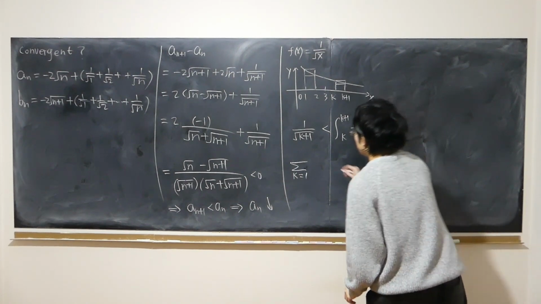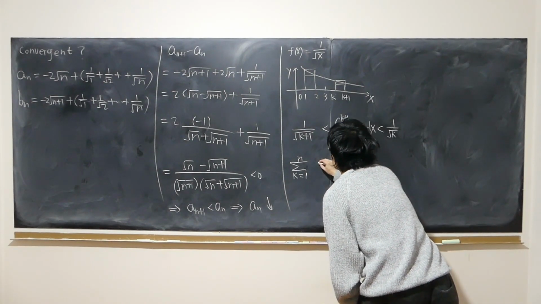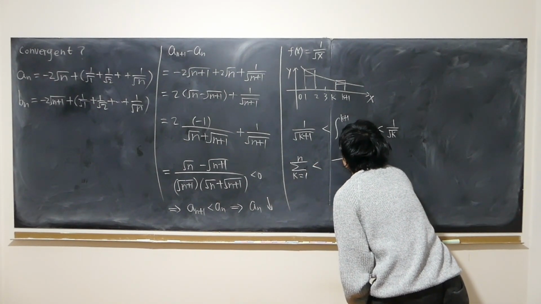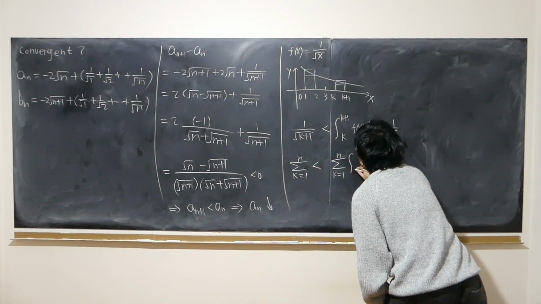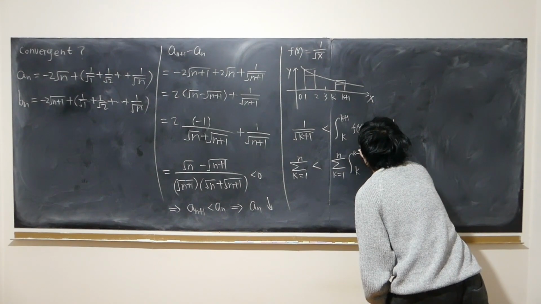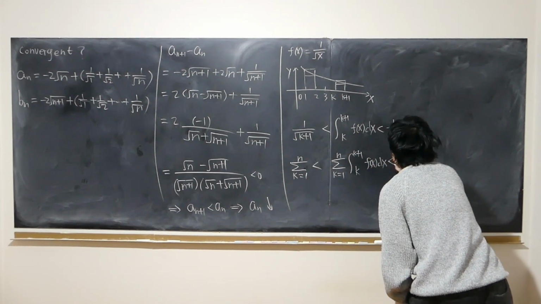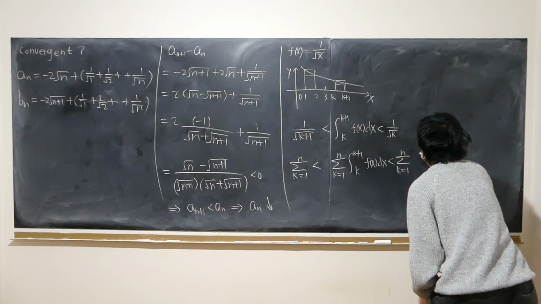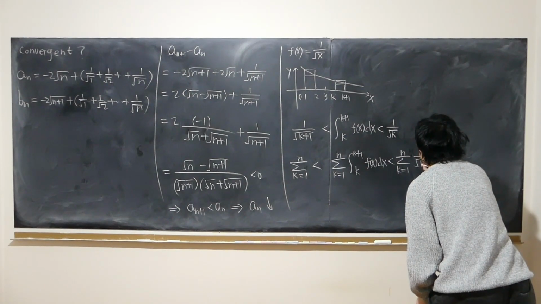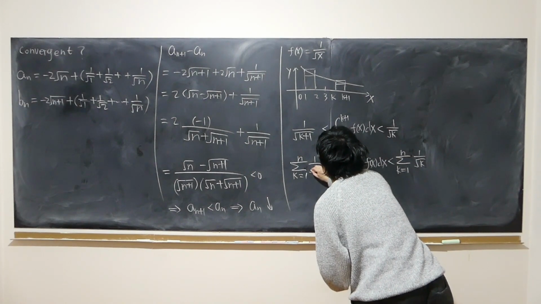So sigma k from 1 to n of 1 over square root of k plus 1 is less than sigma k from 1 to n of the integral from k to k plus 1 of f of x dx, which is less than sigma k from 1 to n of 1 over square root of k.